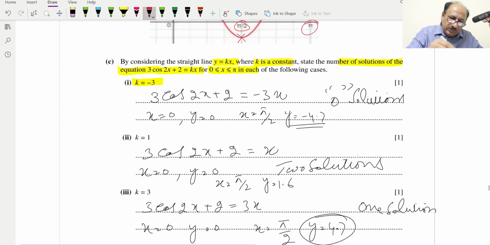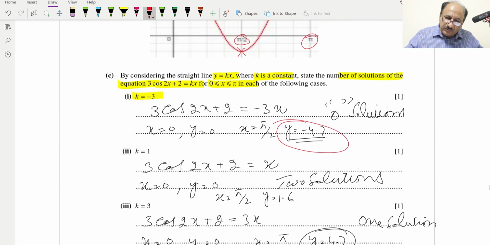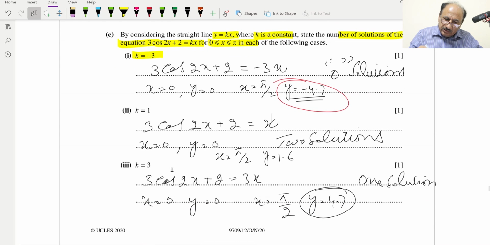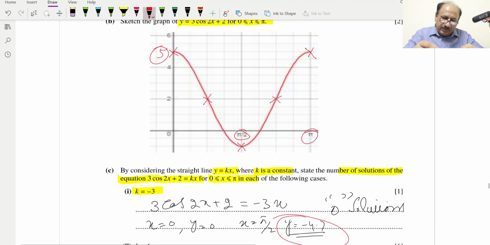First y value is -4.7, so it is lower than the curve's minimum point, so it will not be intersecting. And this one, y is equal to 1.6, will be in this region, so it will be intersecting at 2 points.